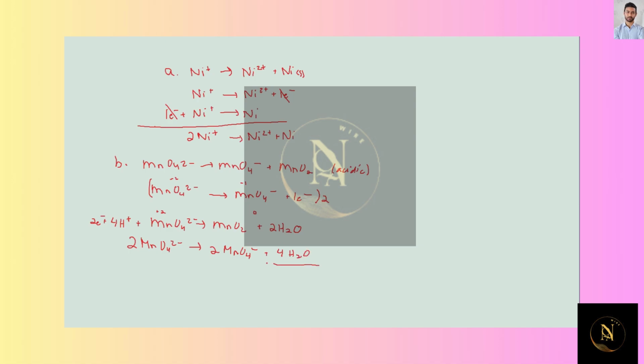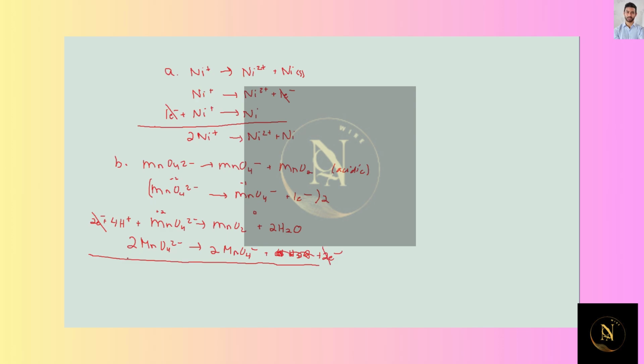And then I'm going to add my 2 reactions together. Sorry, so 2 MnO4-, this should have been plus 2 electrons. Sorry, I was multiplying that one and looking here. So plus 2 electrons. Okay, so now my 2 electrons are going to cancel.